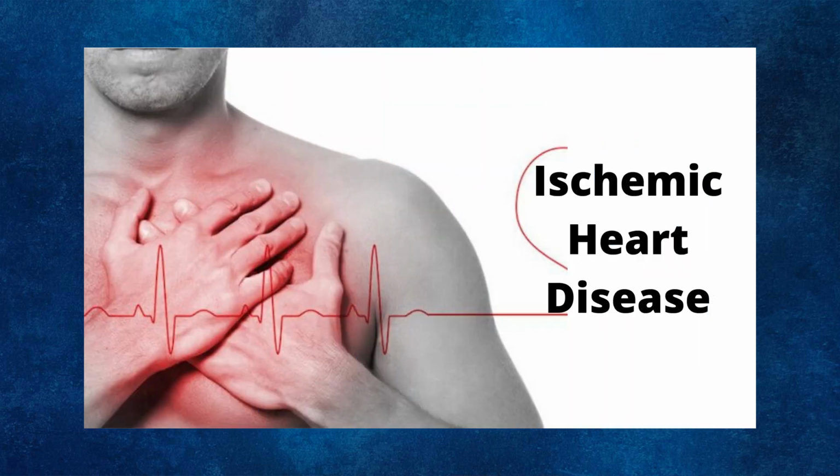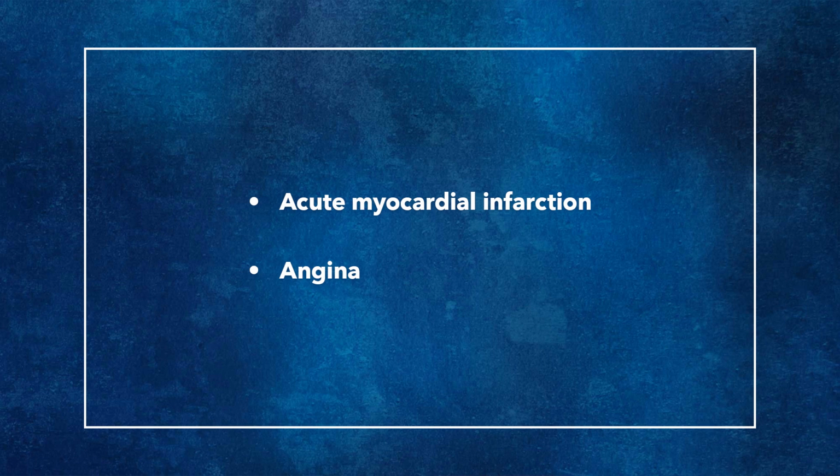Ischemic heart disease is one of the major causes of illness burden in underdeveloped countries and the leading cause of death in wealthy nations. And acute myocardial infarction and angina are the two main symptoms of ischemic heart disease.